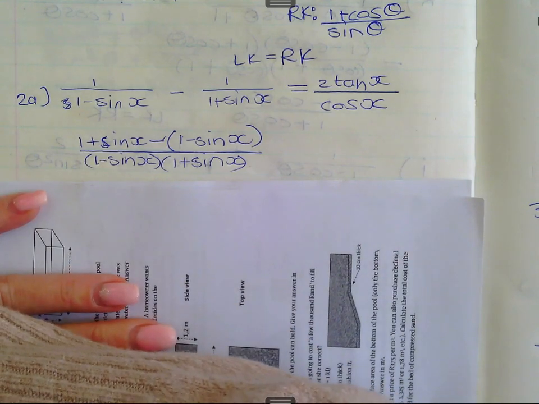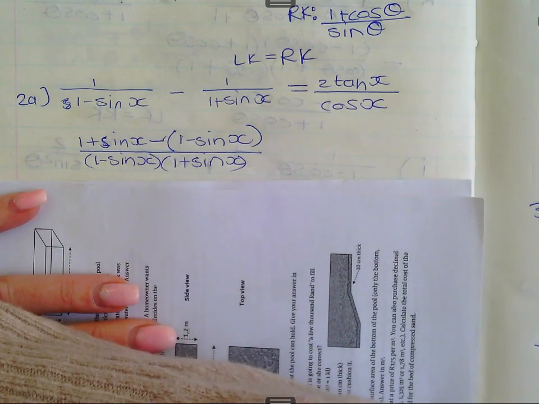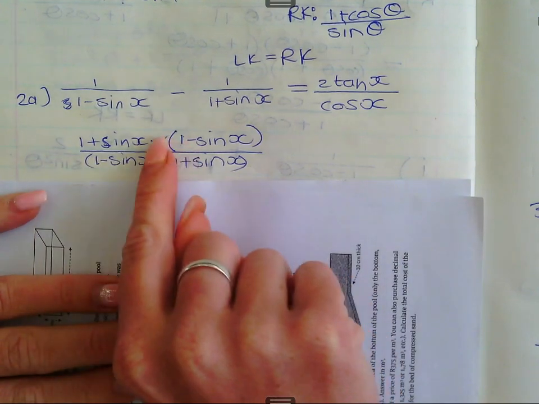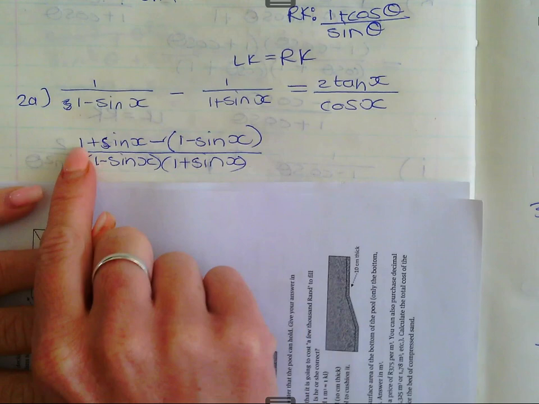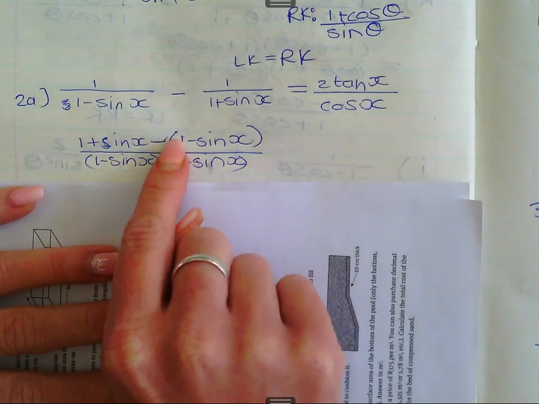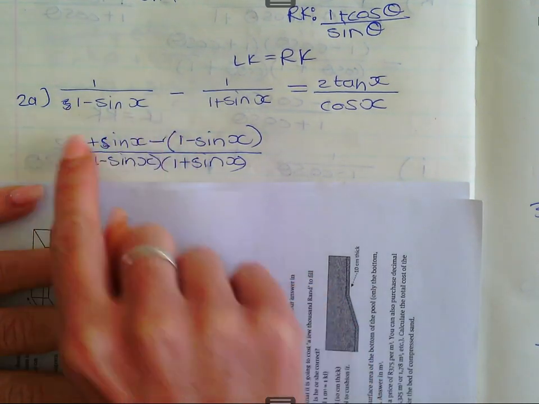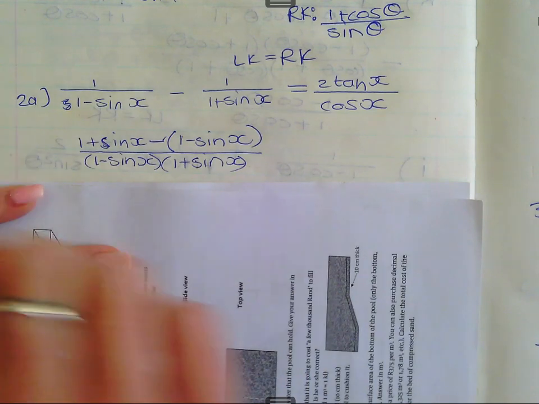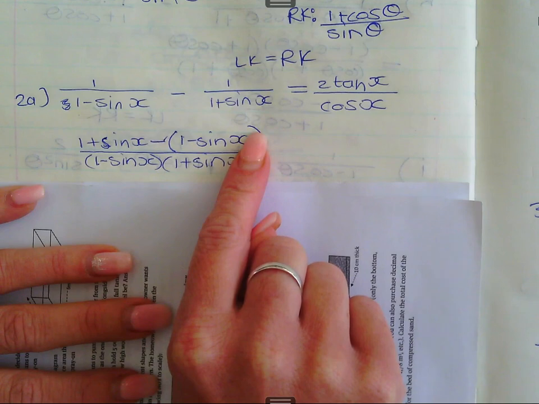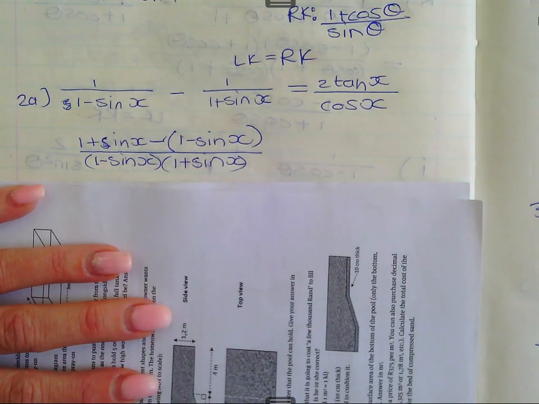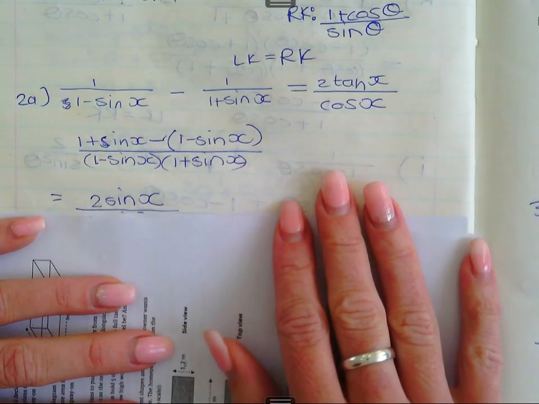Okay, and now we're going to multiply the minus in. But I see I skipped that step. 1 minus 1 is 0. Sin minus minus sin becomes a plus, then it's 2 sin x.